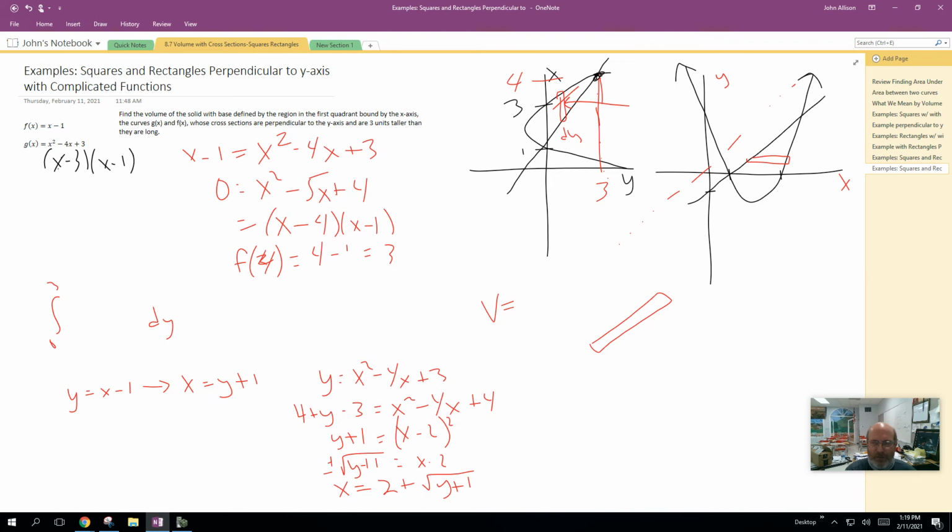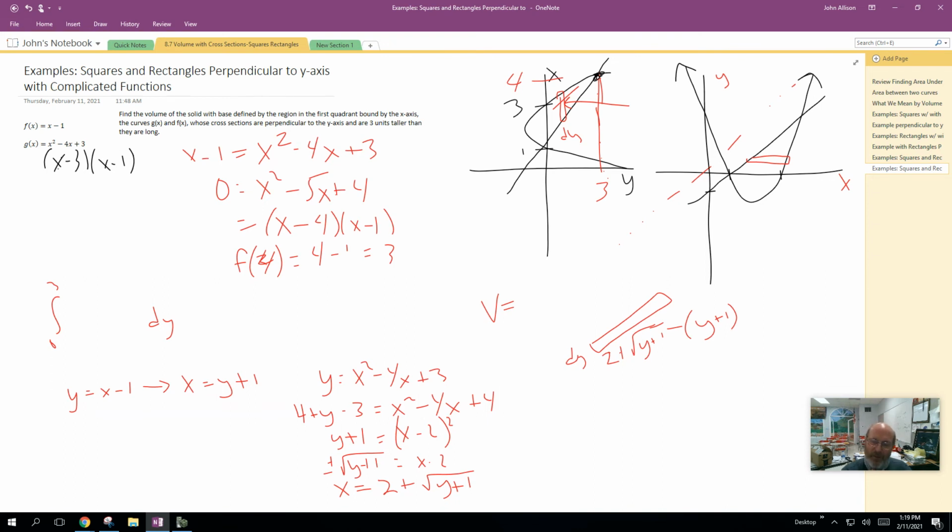So if this is the length, this is dy, the width, the length is how tall this is right here. So that's going to be the quadratic, 2 plus the square root of y plus 1, minus the linear, which is going to be y plus 1.